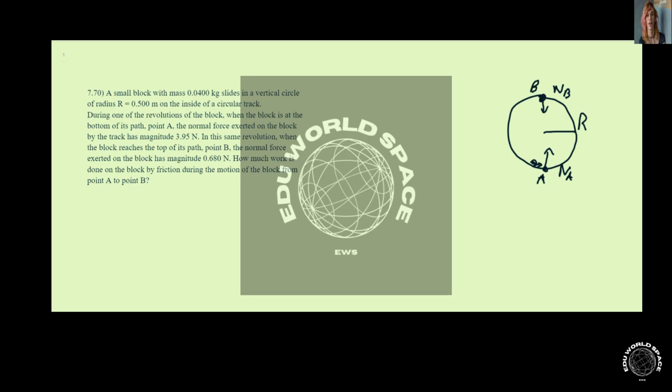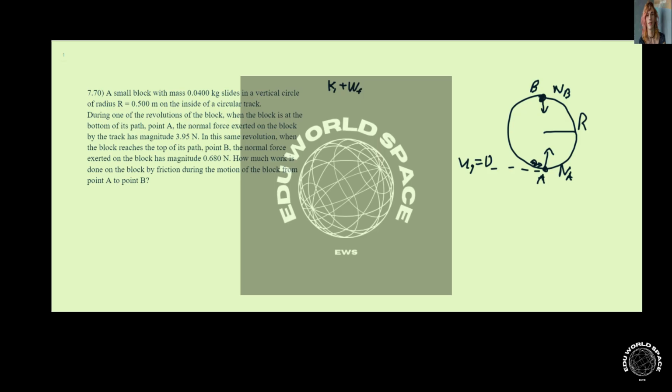Okay, so this immediately tells me that, since we want the work done by friction, I'm going to set up a conservation of energy formula. Initially, I have the kinetic energy of the block, and we're going to define the bottom to be gravitational potential equal to 0, so there's no gravitational potential at point A. Then we're told throughout the motion there's going to be work done by friction, so we have minus work due to friction.